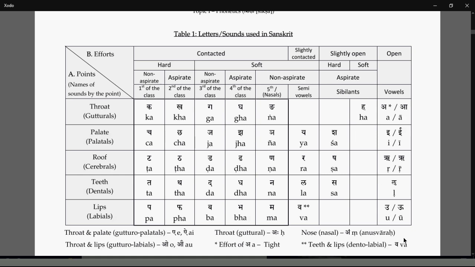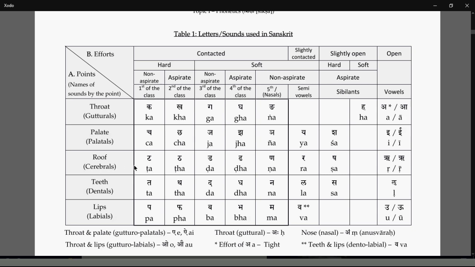Similarly, all the vowels come when you open the mouth completely. But when the mouth is slightly open, that's the prayatna, and you get the hard or soft consonants, aspirates and sibilants: shakara, shakara, sakara, etc. So that's how you read the chart.